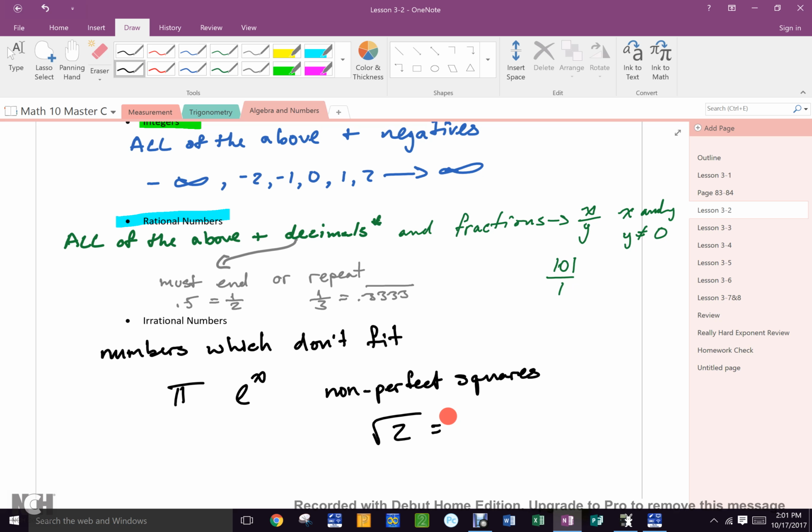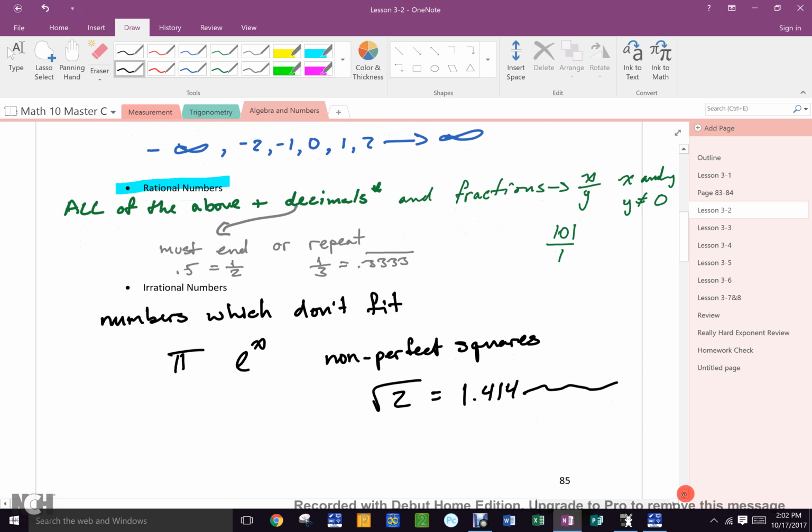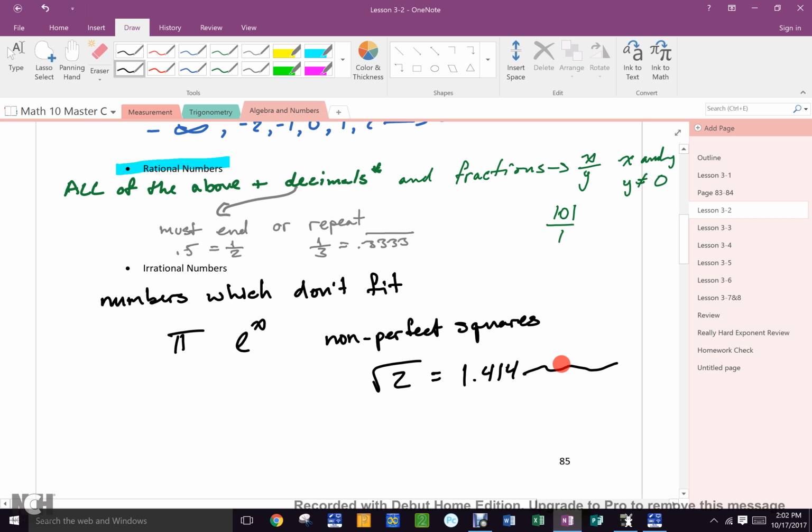It gives you 1.414 blah. And your whole calculator screen fills up, right? Does it repeat? No. Does it end? Only because your calculator screen ends, right? So all of these are irrational numbers.